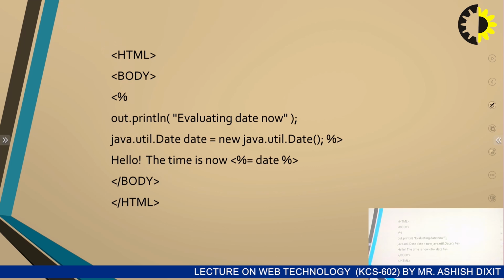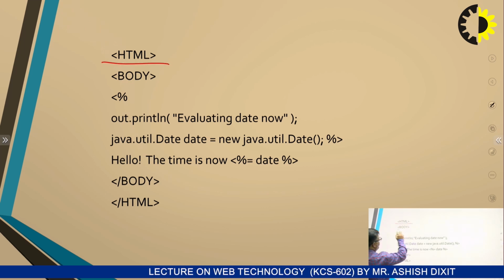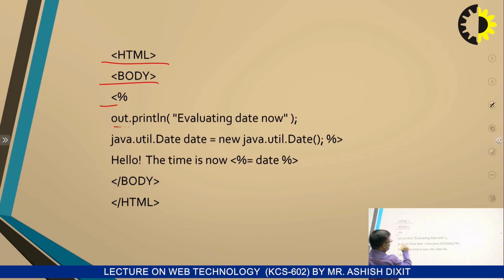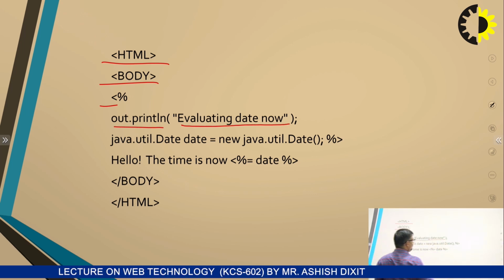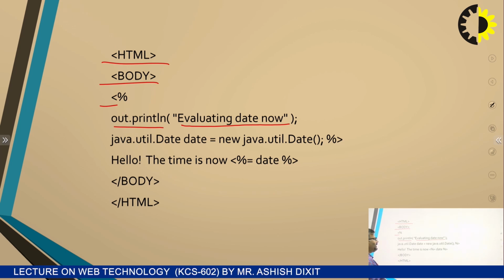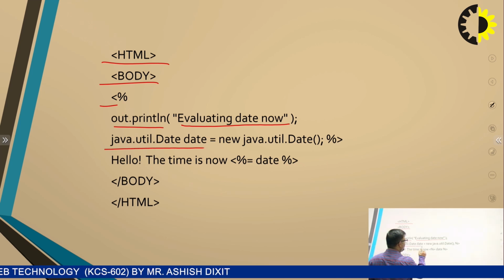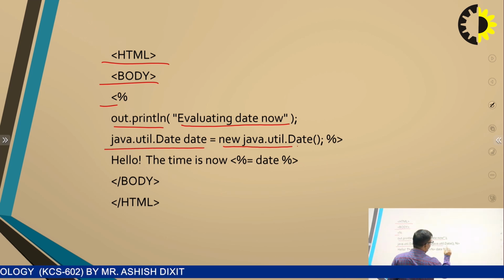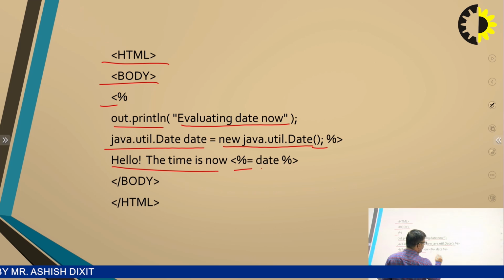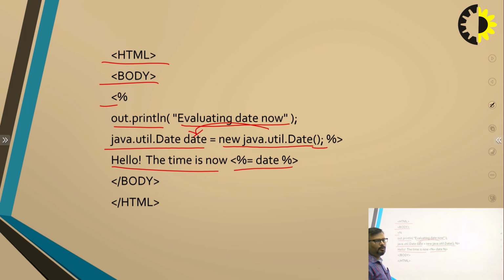In the same way, we use HTML, then body, then out.println evaluating the date now. So, what is the date, we will evaluate the date and show the output. java.util.Date date equals new java.util.Date(); this method will be used. Here "Hello, the time is now", then we mention <%= date %>, because all the date things will be considered in this instance of the object. Okay, then close the body and HTML.